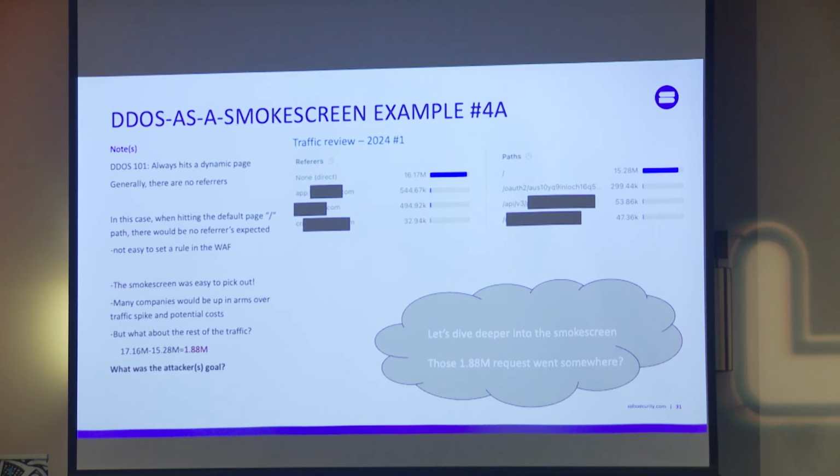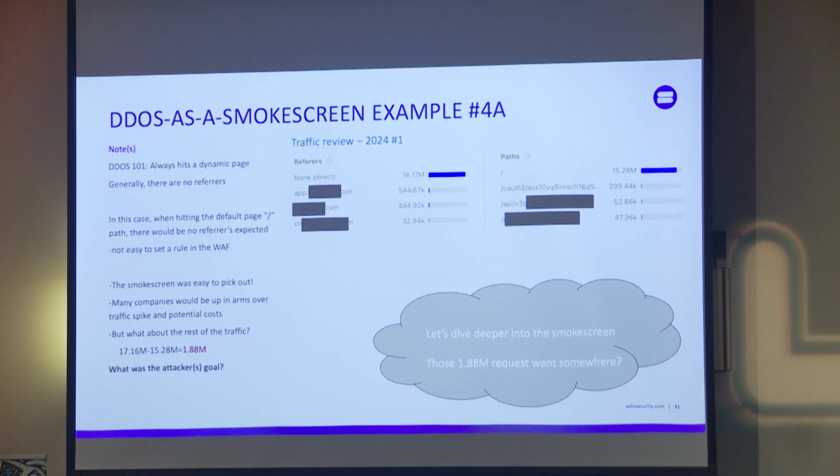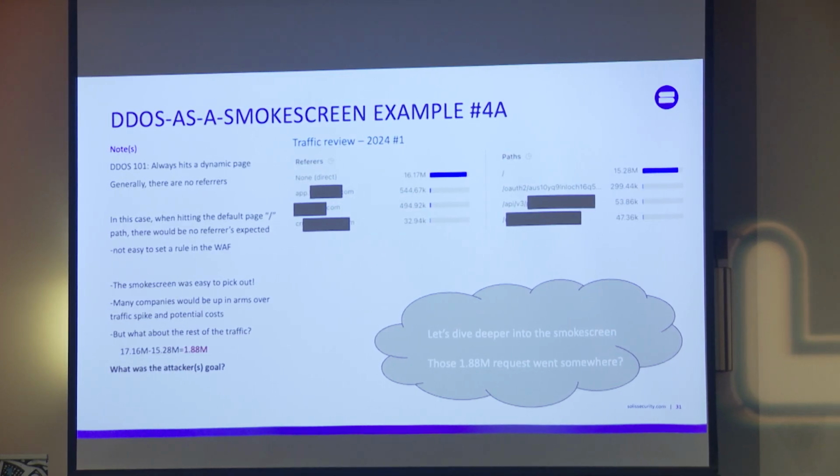With volumetric-based attack settings for rate limiting, right? Some block and tackling. But if you take the 716 million of the total attack and you subtract out what went to the default path, that leaves 188 million requests above what they normally have. It went somewhere, and that's the smoke screen for the DDoS.